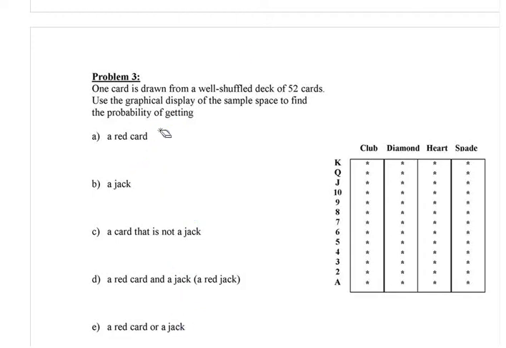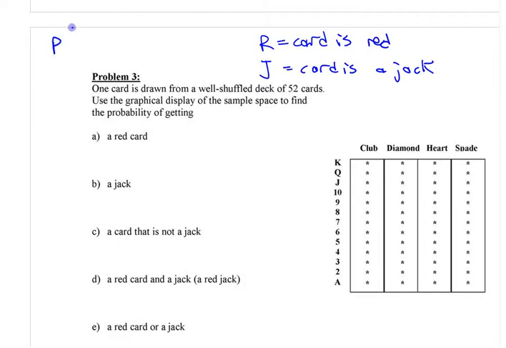We're taking the two events, jack, which we can use a J for, and red card, which we can use an R for. Okay, so those are the two events that we're going to use. I'm going to use R for card is red, and J for card is a jack. And we'll use some symbols, right? Because when you put a P with something in brackets, that means probability of that.